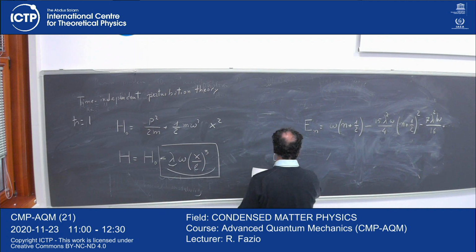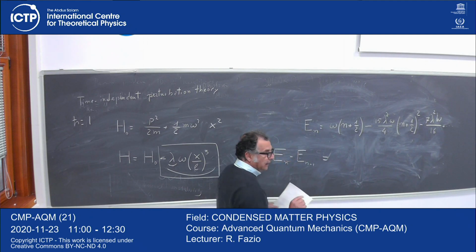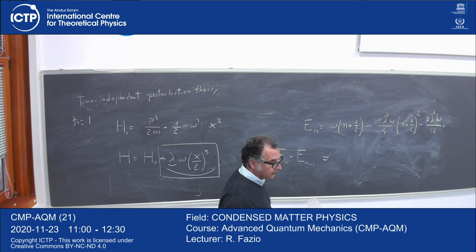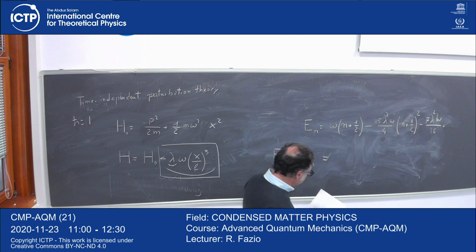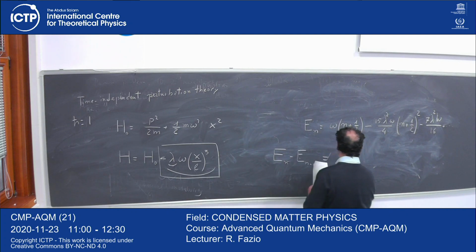So let's look at En minus En minus 1. We know that for a harmonic oscillator, as you said, the gap is independent of n. So it's just omega.